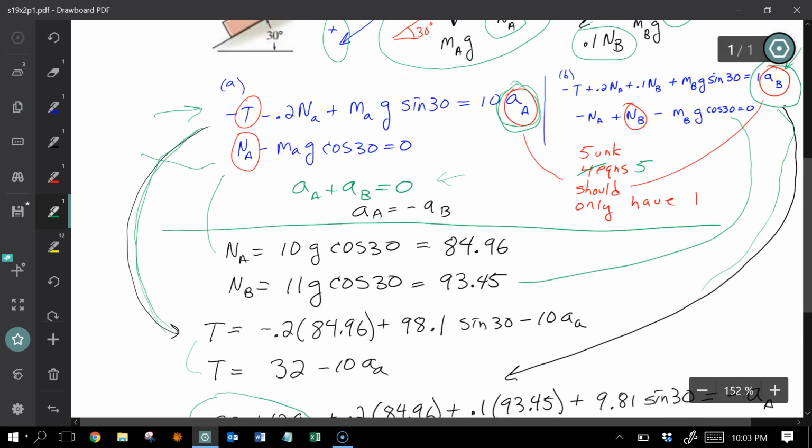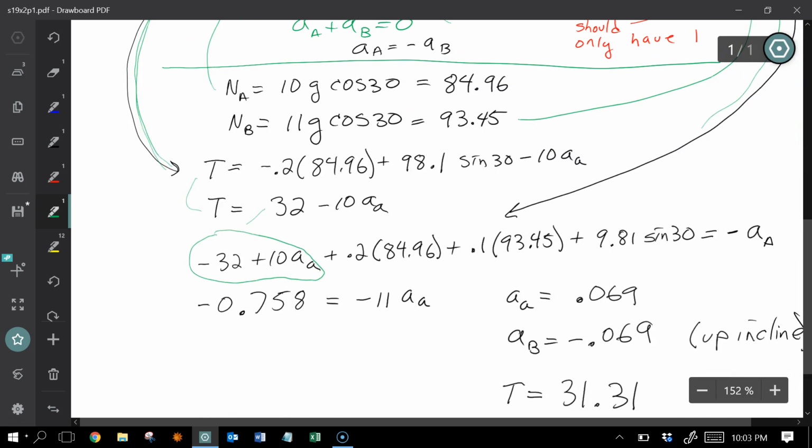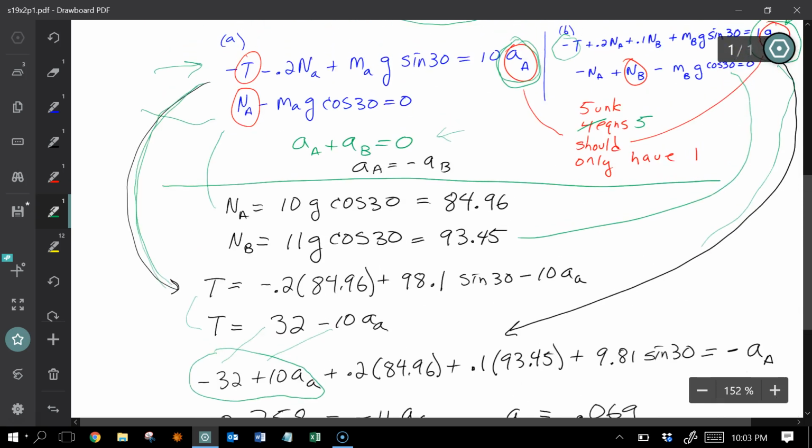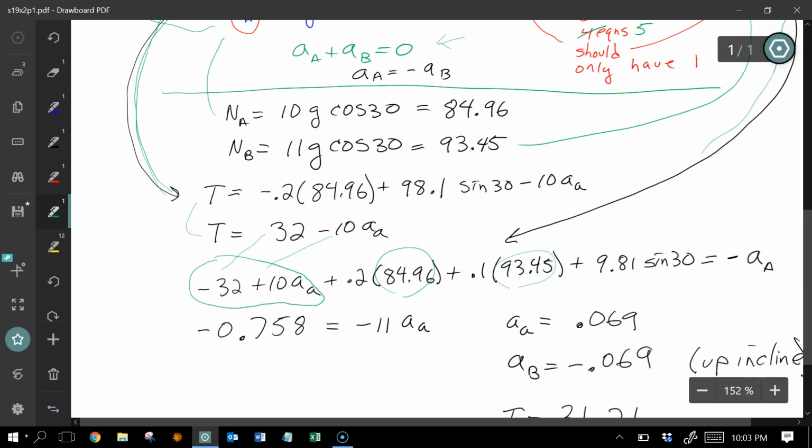Actually, it's minus t, if you notice. Minus t comes in here. So that's the negative t. And then I just copy everything else down. I put in a few numbers that are known. For example, I know the Ns, and that gets me that equation. Okay.